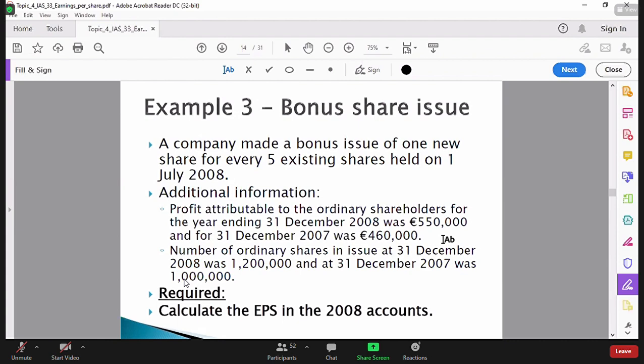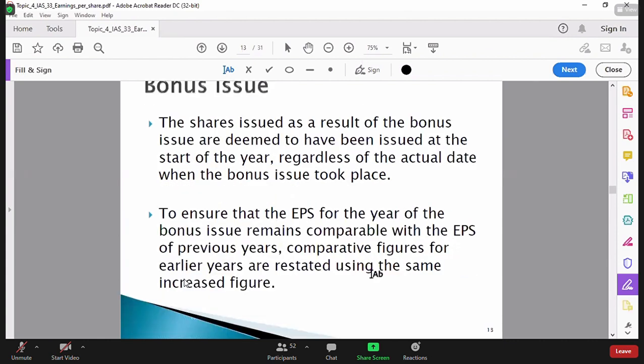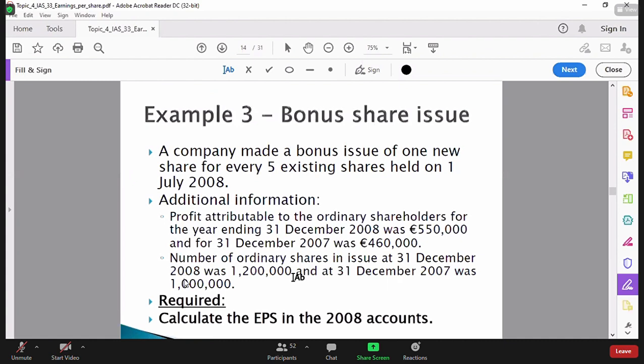But for last year, as at 31st December 2007, you have 460,000. Because the standard says so, when you want to make the EPS comparable, you have to restate the 2007 EPS. That is what they meant. That's why the question also provides last year's figure.